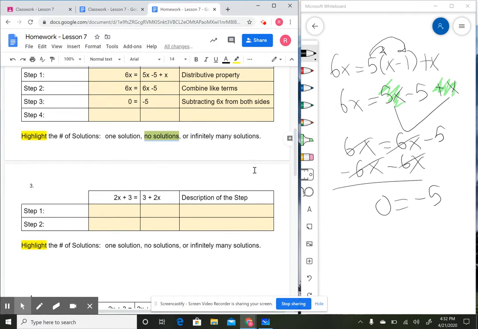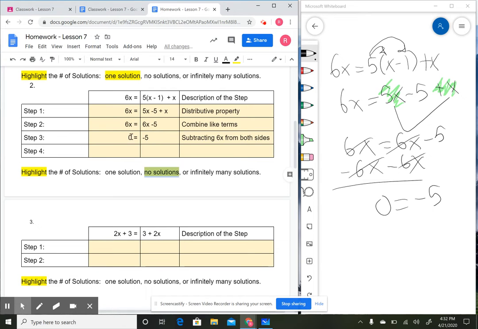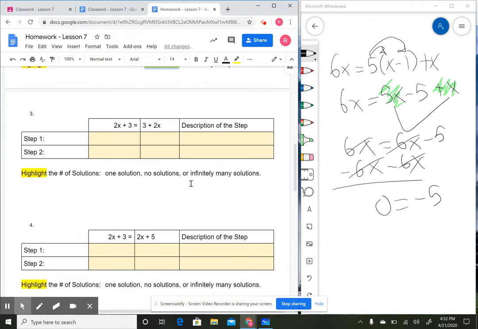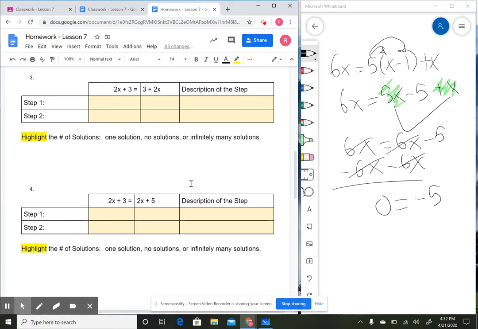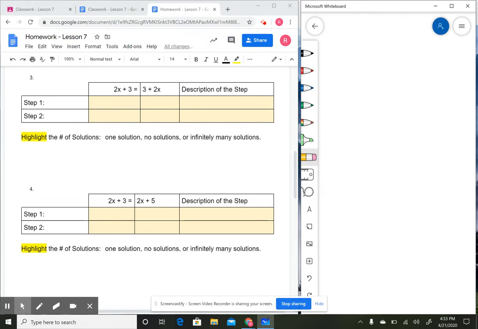Okay. So a false statement, 0 equals negative 5, makes you go, what? That's no solution. Now, for the next one, you're going to have 2x plus 3 equals 3 plus 2x. So I'm going to subtract 2x on both sides.